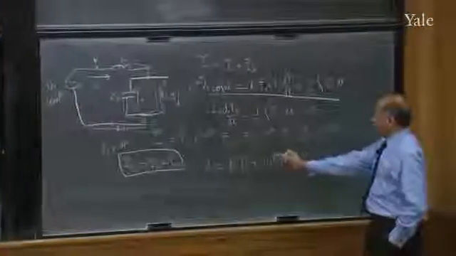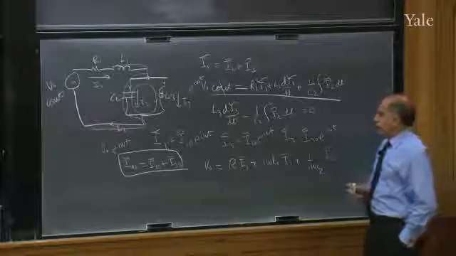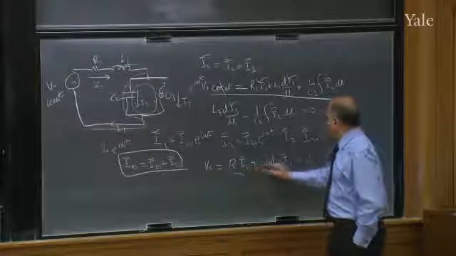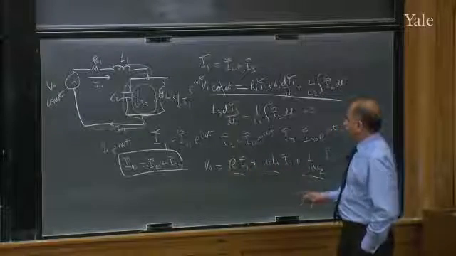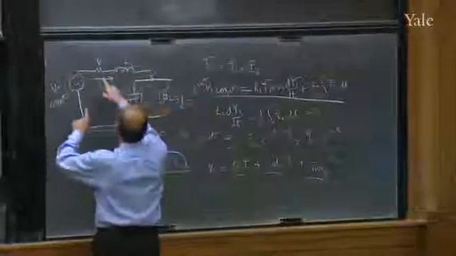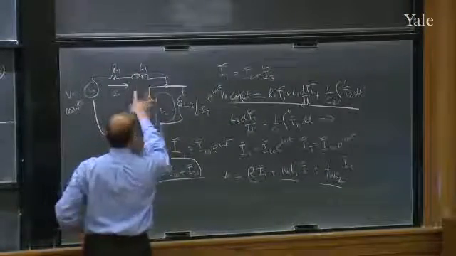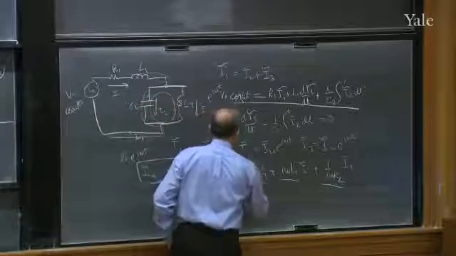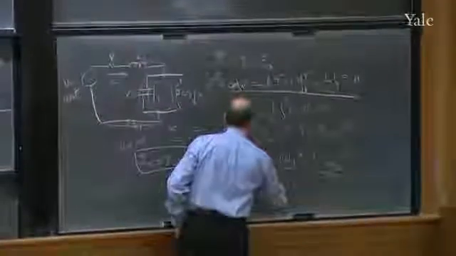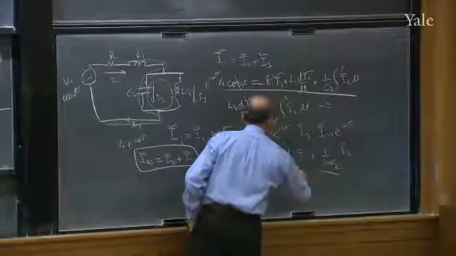E to the I omega t's have been cancelled everywhere. So what do you find? This again looks like an Ohm's law problem where R1 is the impedance of this guy, I omega L1 is the impedance of that guy. So the whole thing looks like some Z1 times I1 twiddle plus Z2 times I2 twiddle.